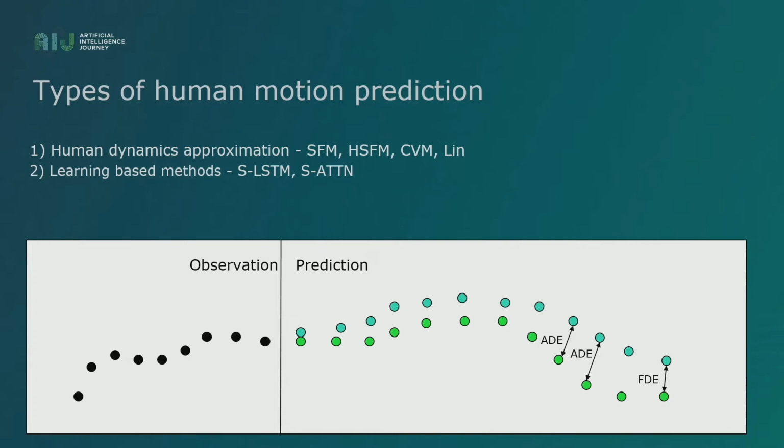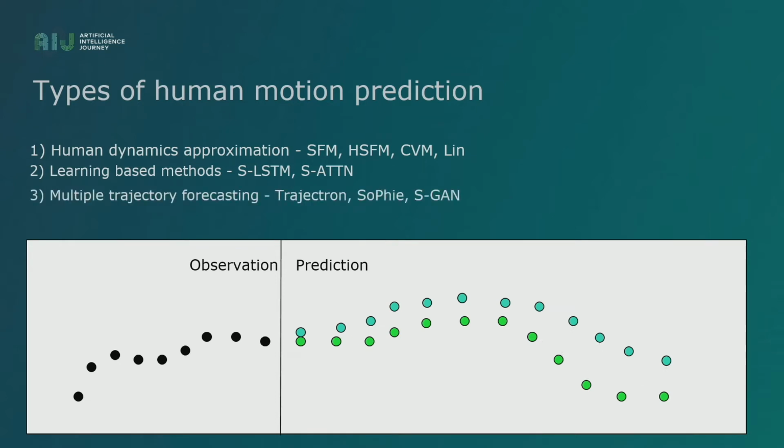Neural network-based approaches have significantly improved these parameters lately. But in addition to the most probable trajectory, they can also predict 2, 3, 5, 10 of the most probable trajectories that we can use. But it's hard to say what amount of them we need.